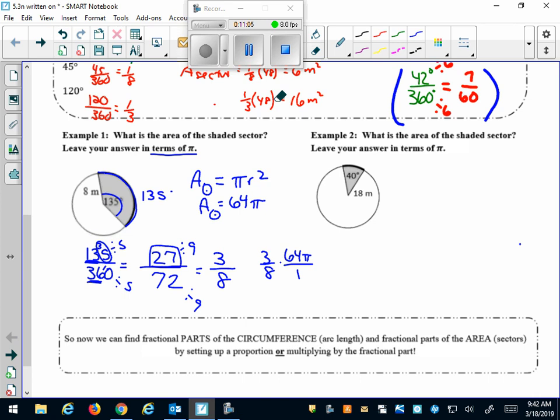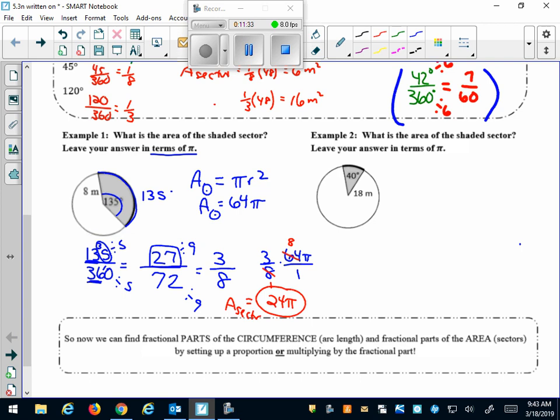So 8 and 64 can both be divided by 8. 8 divided by 8 is 1. 64 divided by 8 is 8. So now we have 3 times 8 on the top and 1 on the bottom. So the area of the sector is 24 pi. No calculator necessary.